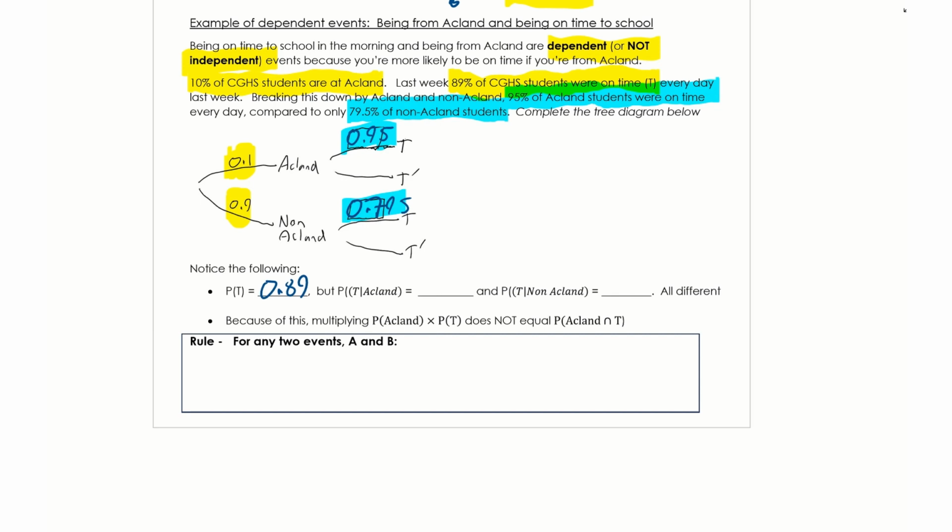They're linked. So if we use the notation for that, this is the probability of being on time given that you're from Auckland. So that's going to be 0.95. This is the probability of being on time if you're not from Auckland. So that's going to be 0.795.